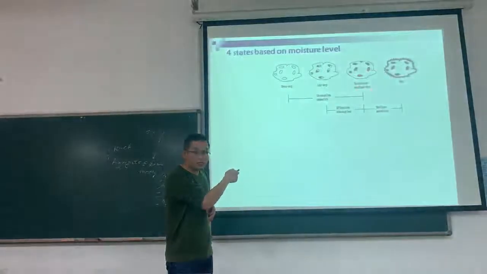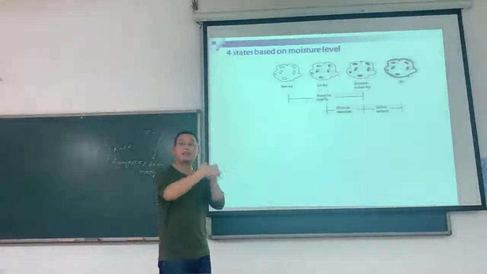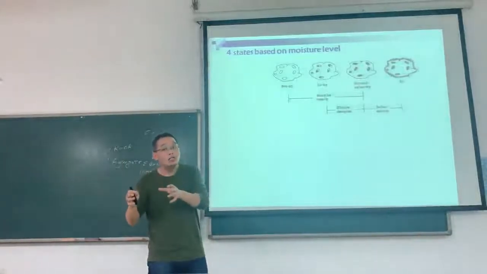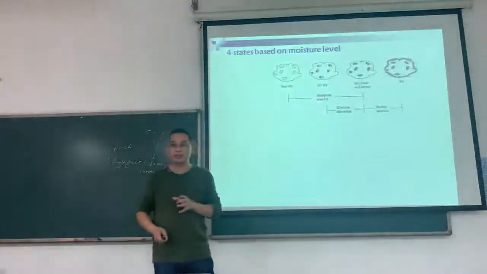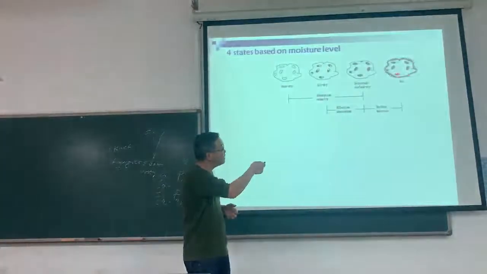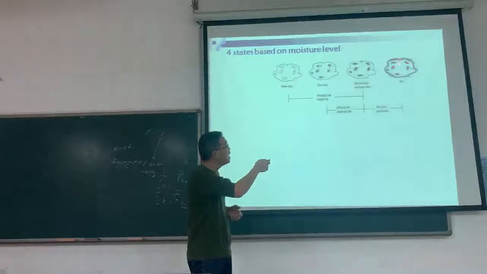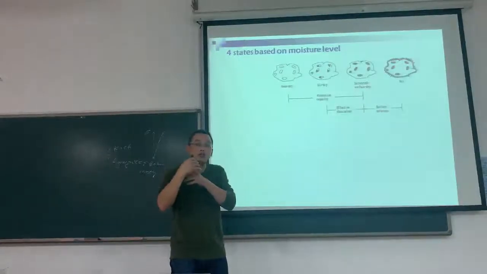And the surface dry. What is surface dry? There is no water at the surface of the aggregate, so this is the surface dry. The last one is the wet. What is wet? The wet means the pores are full of water, and the surface of the aggregate also has a water film.